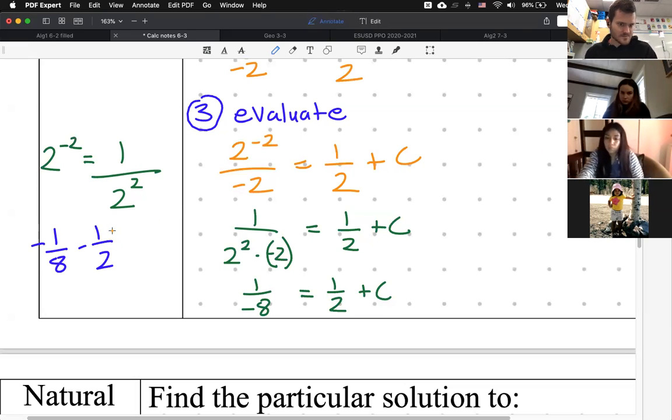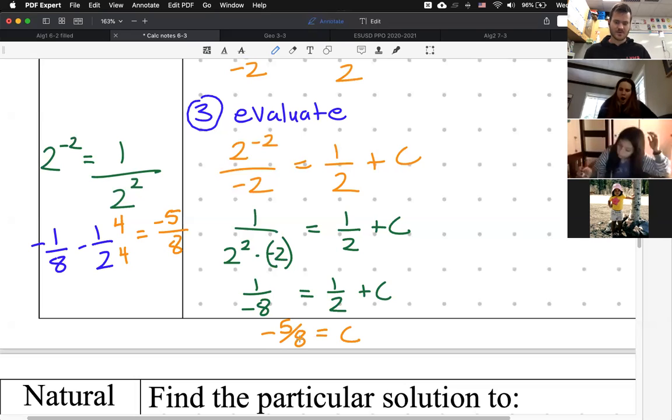Perfect. How? Multiply top and bottom by 4. And what's that going to make our answer? -5/8. So we come down here and say c is equal to -5/8. Perfect. Thank you.